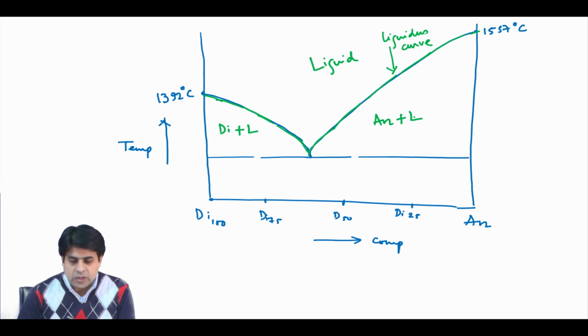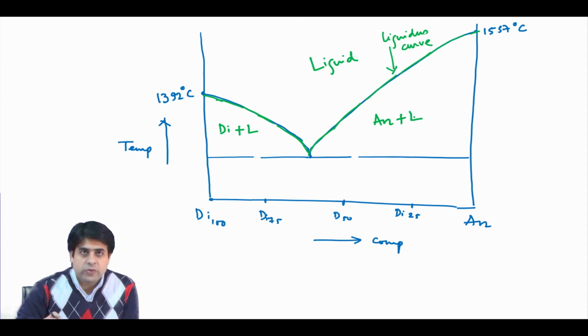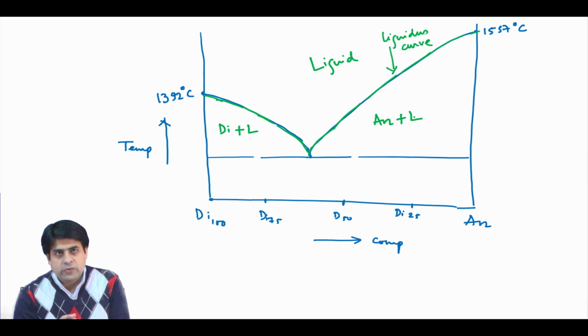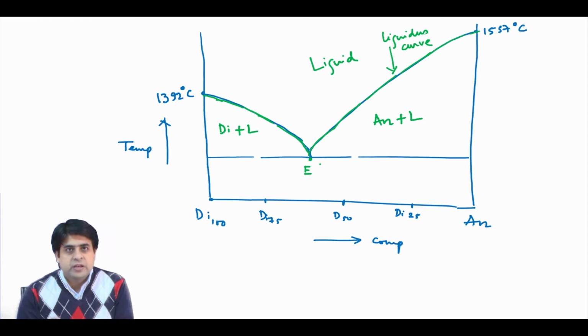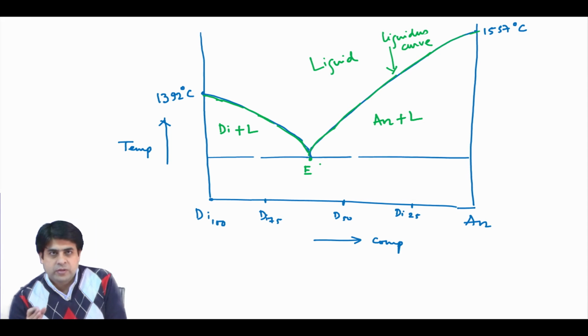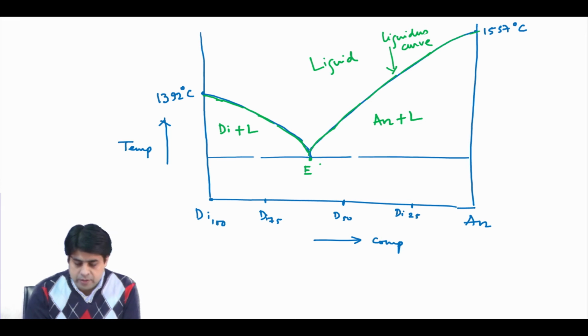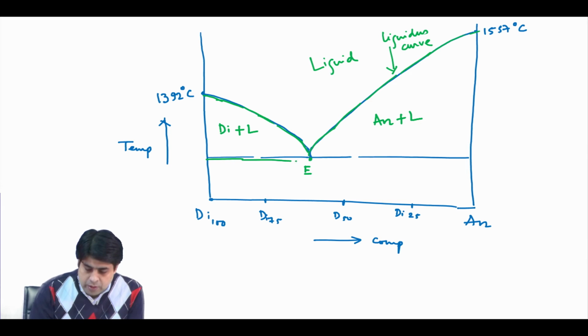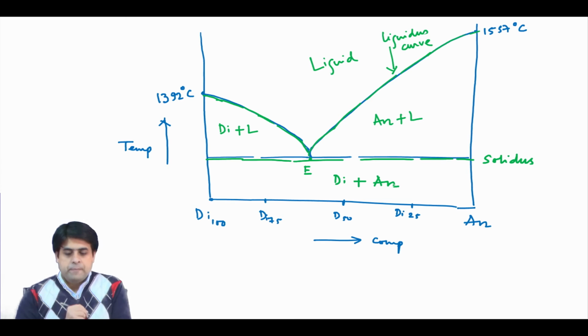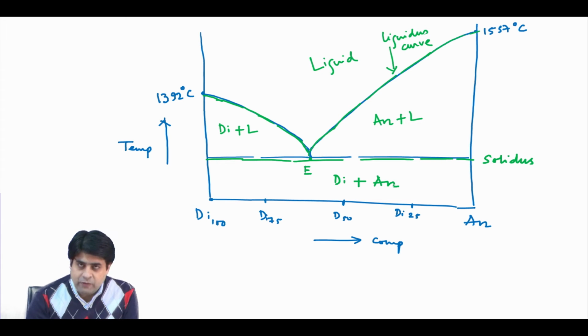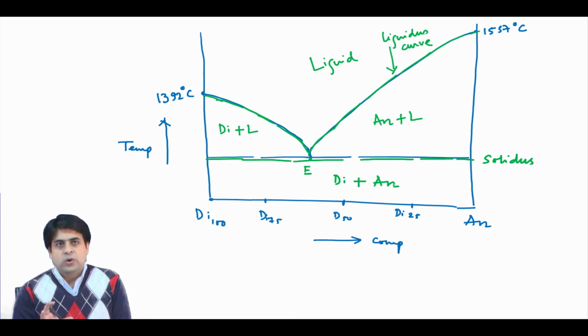Suppose this is your point E, which is the eutectic temperature. Below it, this is your solidus. And below that you will have diopside plus anorthite, two separate phases which are not miscible.